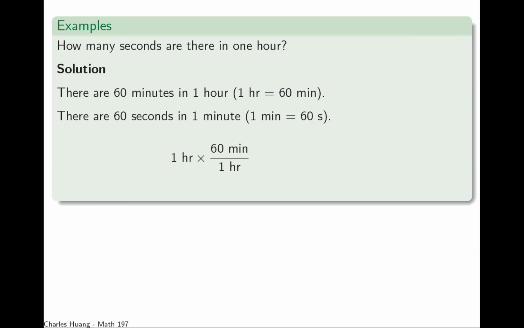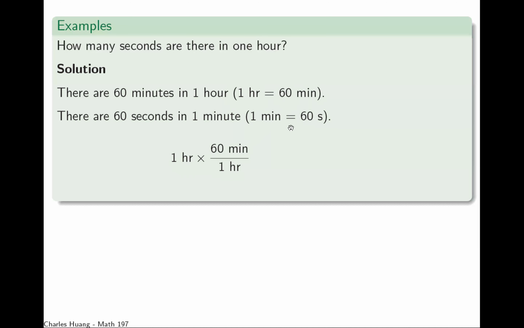As I put them together, I'll change the hour into minutes. Because I start with hour, remember, we want to put the hour in the denominator at the bottom of the fraction. So put 1 hour in the bottom and then put 60 minutes on top.